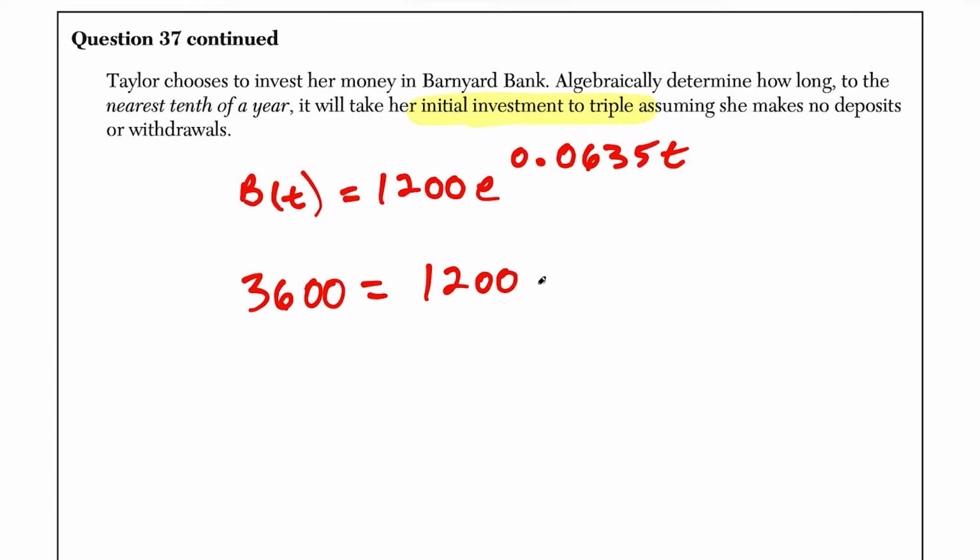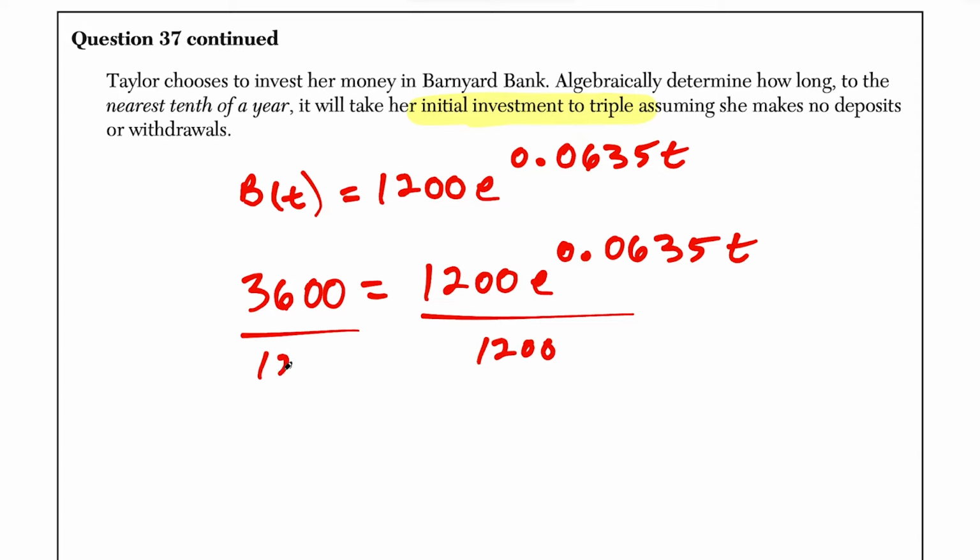And now what we're going to do is solve for the variable t. We want to know, when does this happen? So now we just have to do the algebra. So we could divide both sides by 1200. And on the right side, 1200 over 1200 cancels. On the left side, this works out to 3 equals e to the 0.0635t.